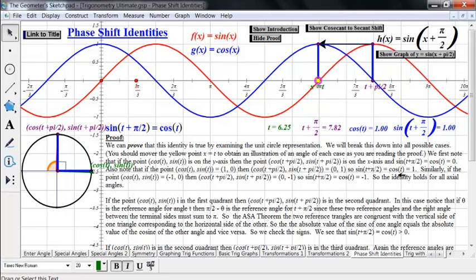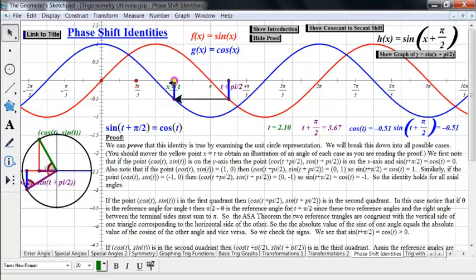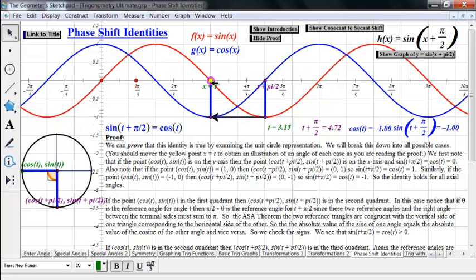Okay, so now let's look at the next case. We're here, so the terminal side is over here on the negative part of the x-axis, so the point cosine t, sine t is at negative 1, 0.